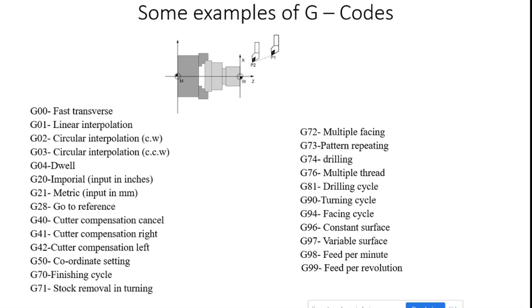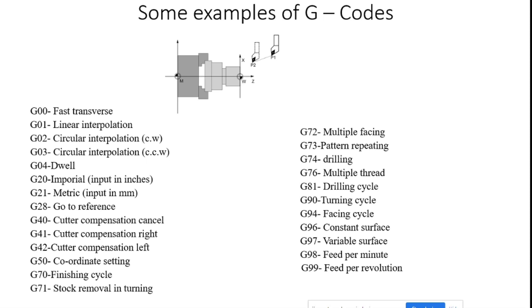If I utilize the feed rate value in mm per revolution, I can utilize the G99 code. So if the feed rate is in mm per minute I utilize G98, and mm per revolution I utilize G99 for operating the machine. These kinds of G codes are available in part programming.